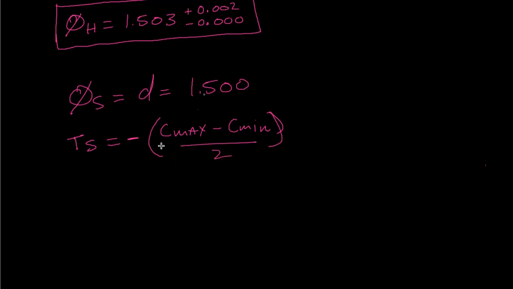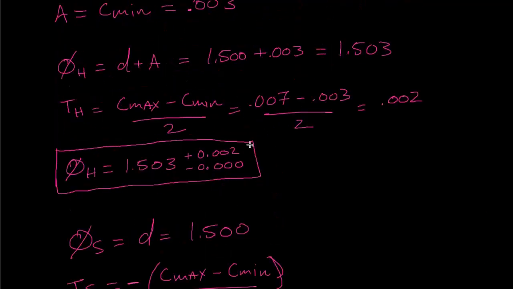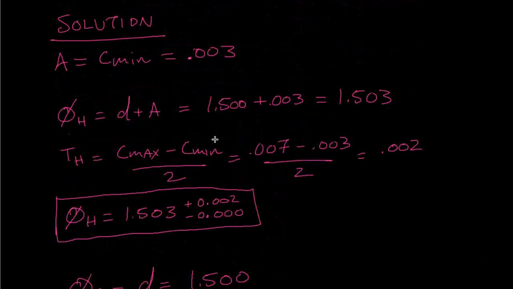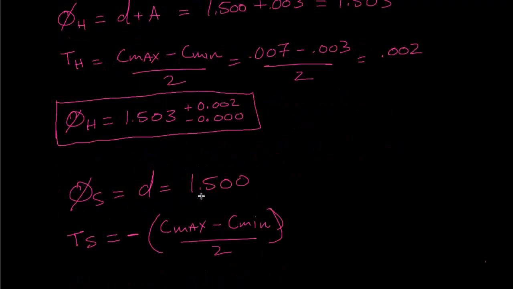Okay, and if we look at this formula up here for the hole tolerance, it's the same formula except there's a negative sign in front of it. So we'll just say that's negative 0.002 or 2 thou.